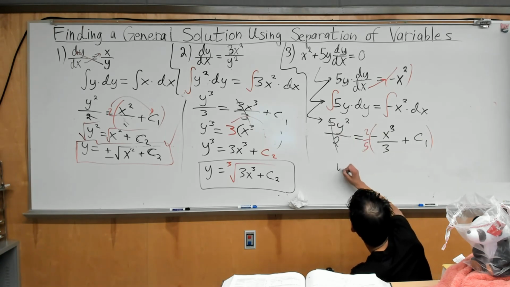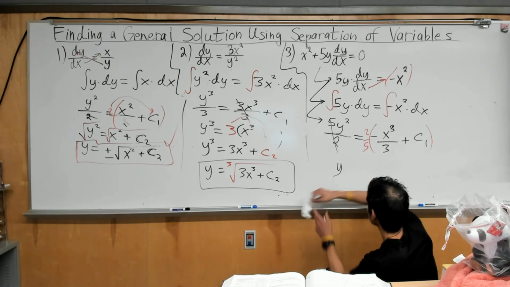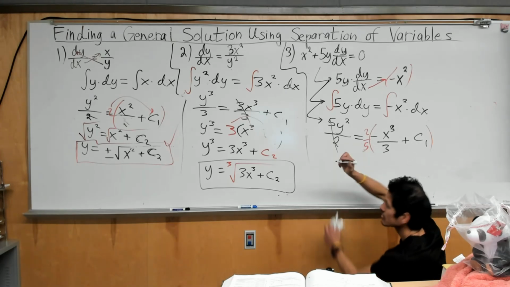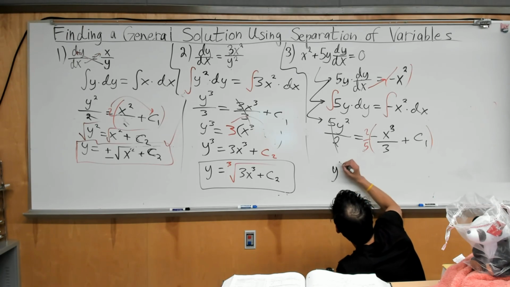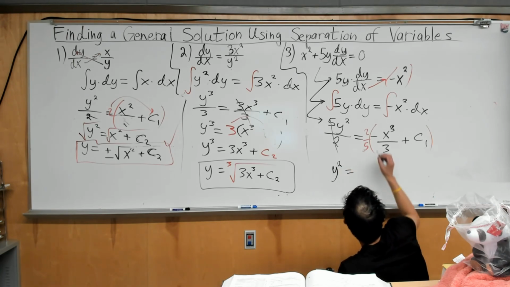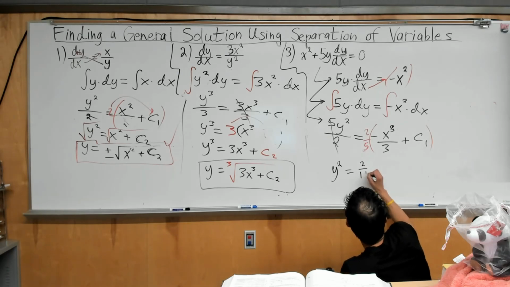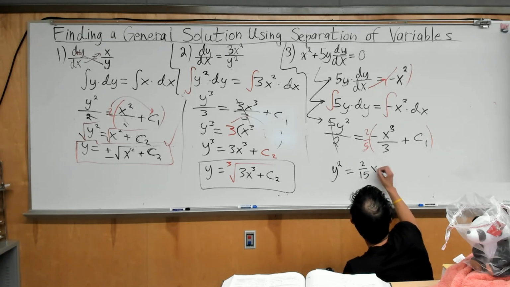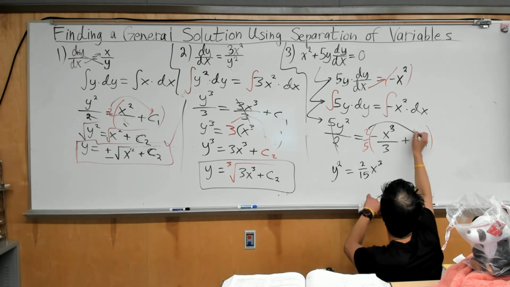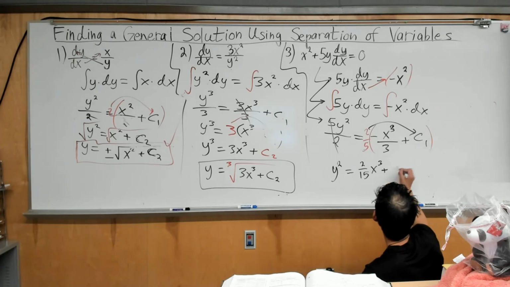And we'll get y squared is equal to negative 2/15 x cubed, and this will be a different constant, plus c2.